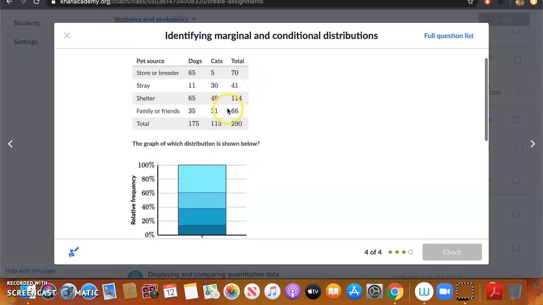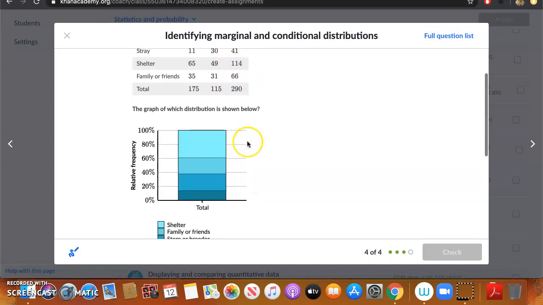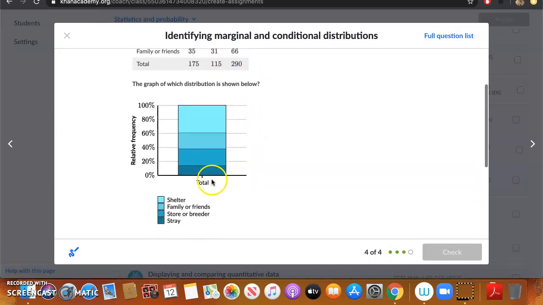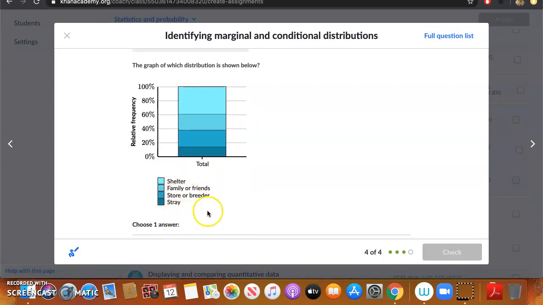It looks like a breakdown of the pet sources. This is the relative frequency of the sources, and sure enough, there they are. Each color represents the relative frequency of where the pets came from. These came from shelter, these from family or friends, the store or breeder, and then strays.